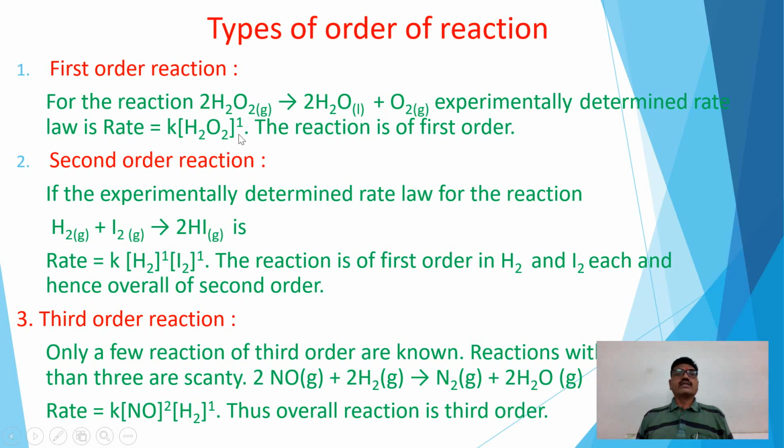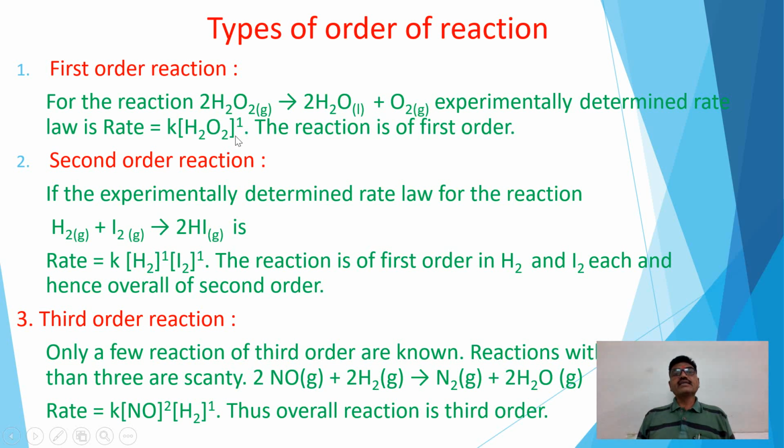It indicates that in this reaction the rate depends only on the concentration of the hydrogen peroxide H2O2, and that's why this is called a first order reaction, and that can be represented like this. See here. So this is the example of a first order reaction.